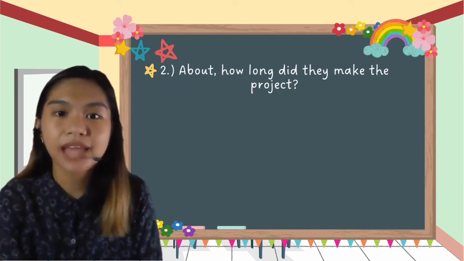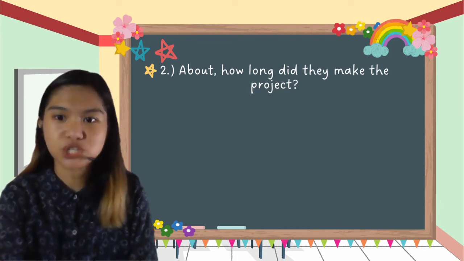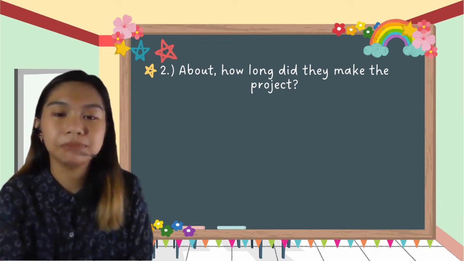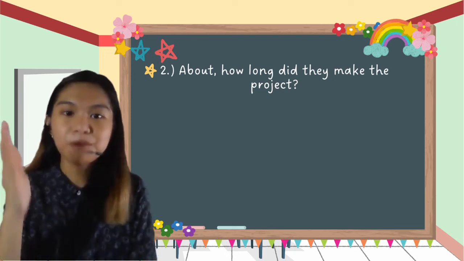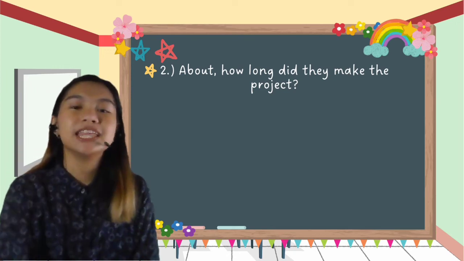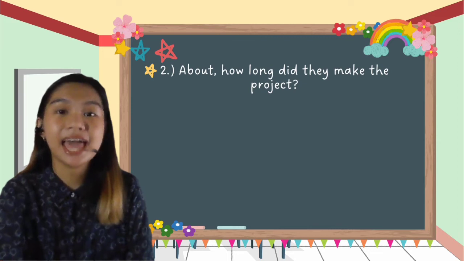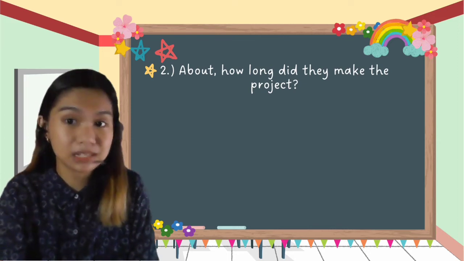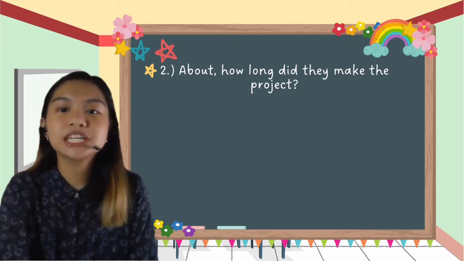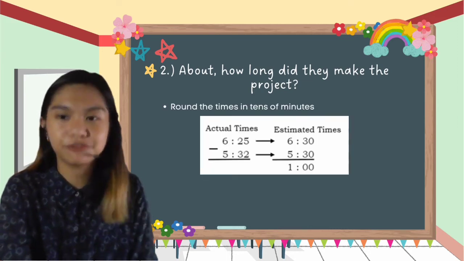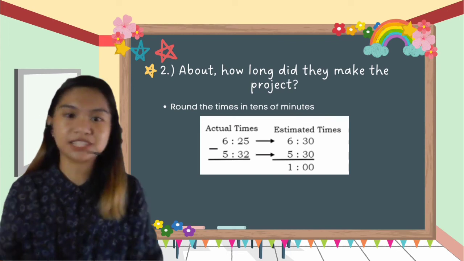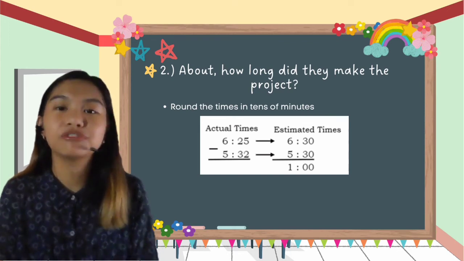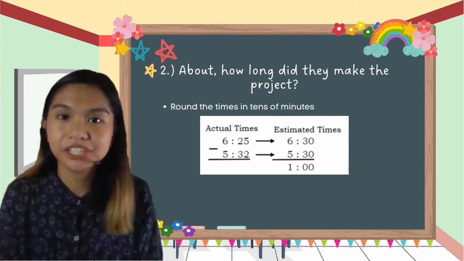Okay. Now, how about the second question? Ano nga ulit yung hinahanap natin dito? Yes po? Very good. This is the estimated elapsed time. Okay. So in order to get the estimated elapsed time, we first need to round the time in tenths of minutes. So the nearest tens. So from 6:25 to 6:30 and 5:32 to 5:30.